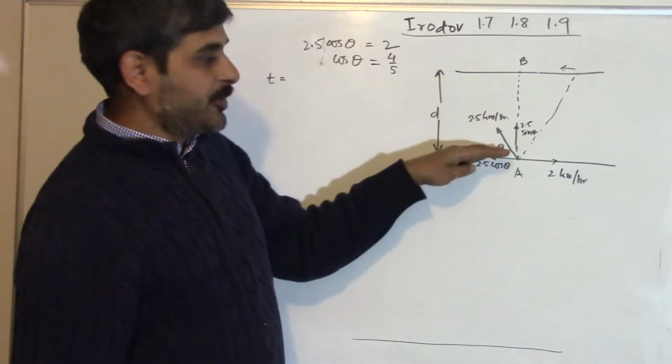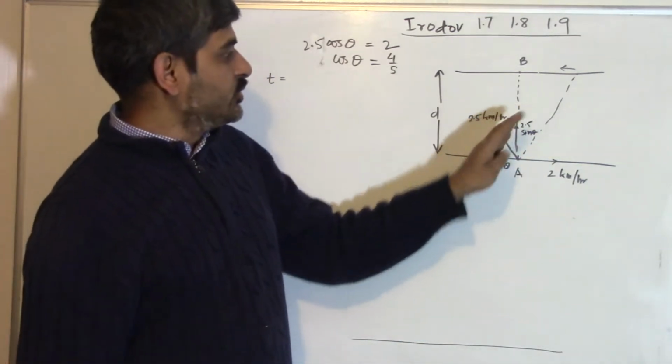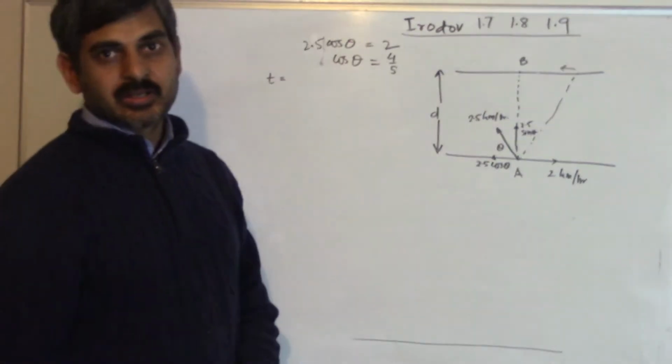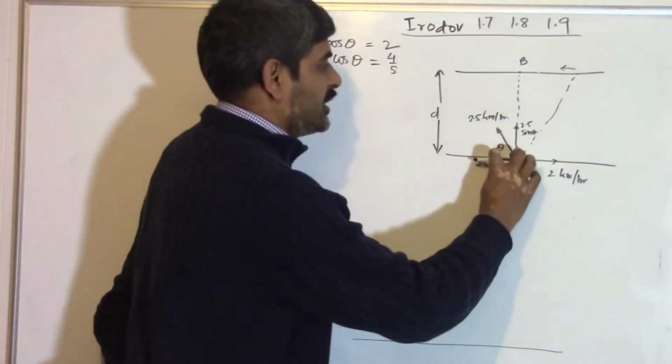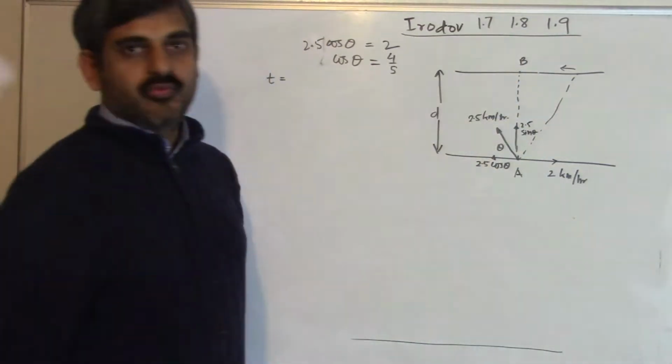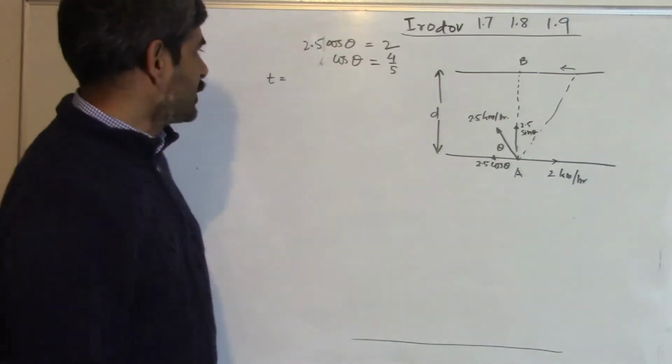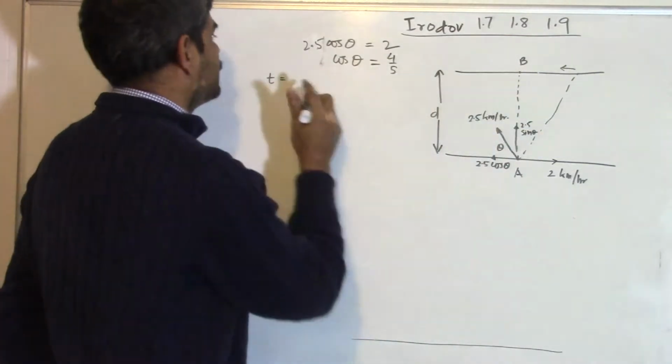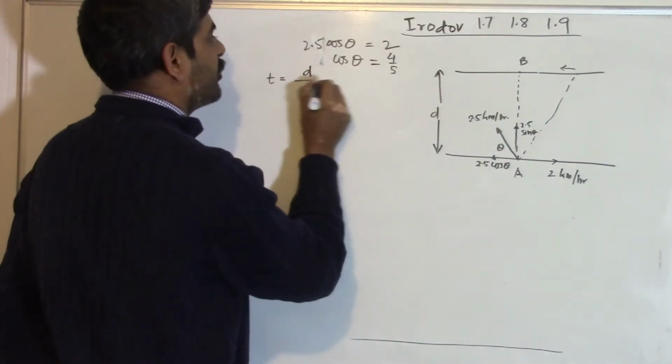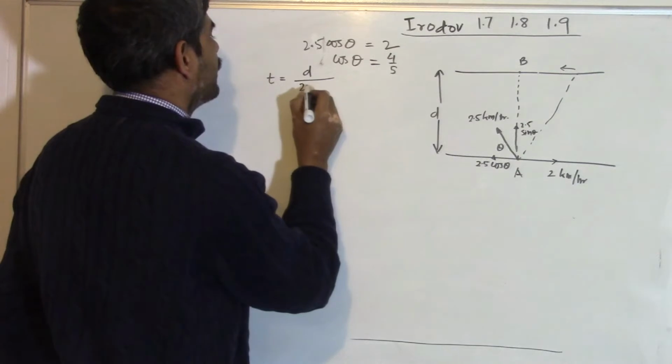The horizontal component of the velocity is not used in the vertical direction. It has nothing to do with how he moves in this direction. The time will be equal to this distance d divided by 2.5 sin theta.